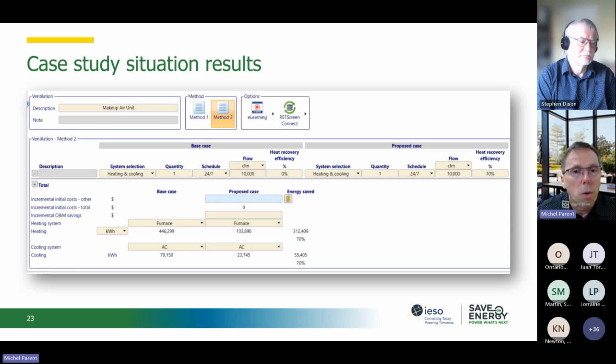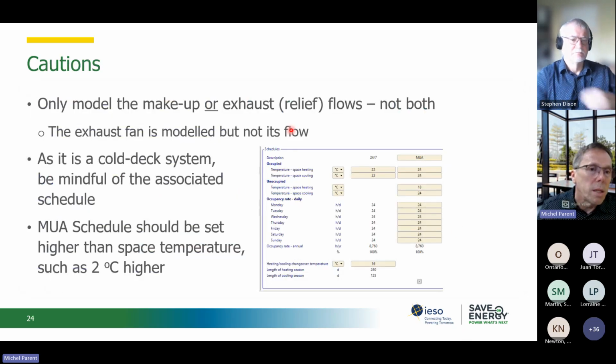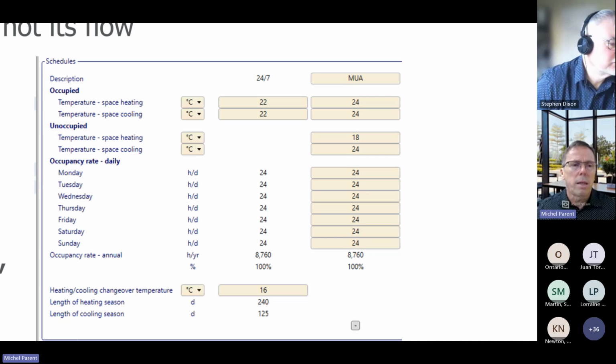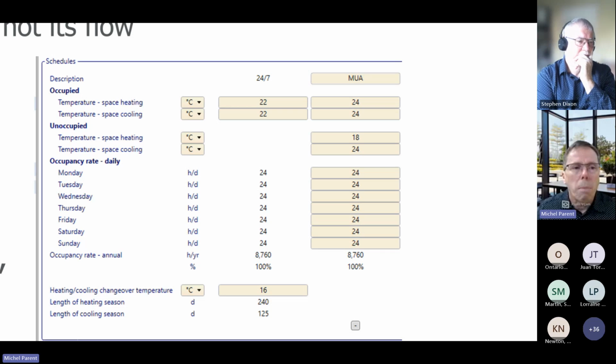So the way you would do that is, we'll see that you define the schedules in RETScreen. There's always a default schedule that's 24/7 where you can have a set point. And actually, I'm going to zoom on this here. And when you have a makeup air unit, I'm not going to go into the calculation details for that, but your supply set point needs to be a couple degrees higher than your space temperature set point.